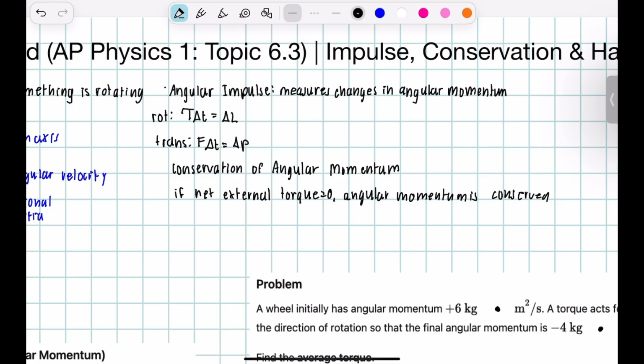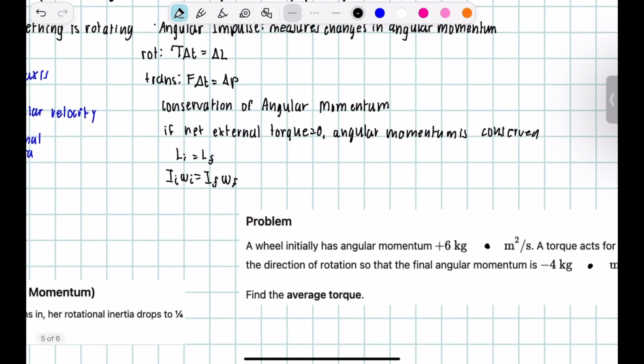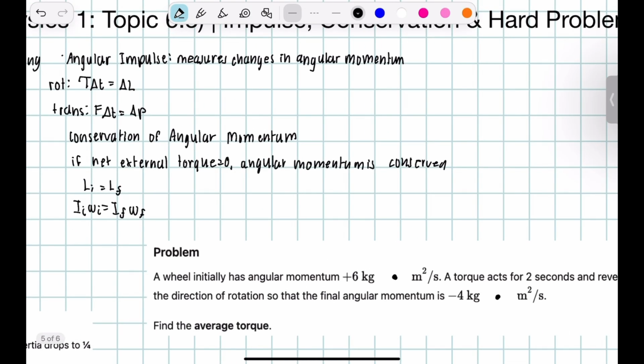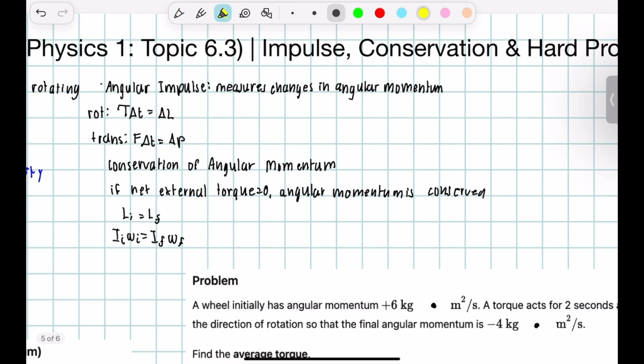So that means that L initial is going to equal L final. Or you could represent this as I initial times omega initial equals I final times omega final. And when does this occur? When does conservation of angular momentum occur?